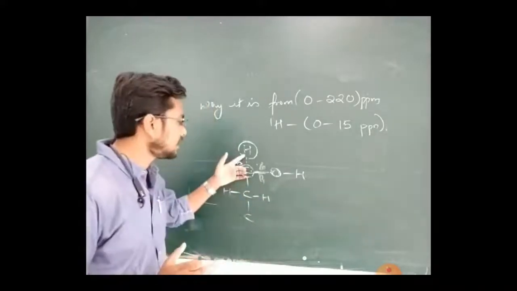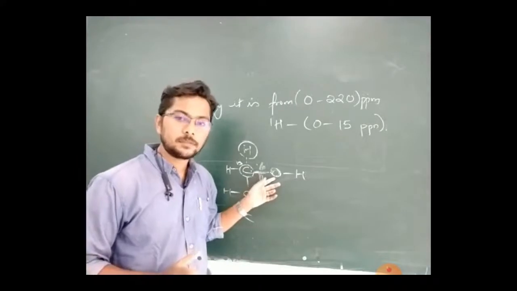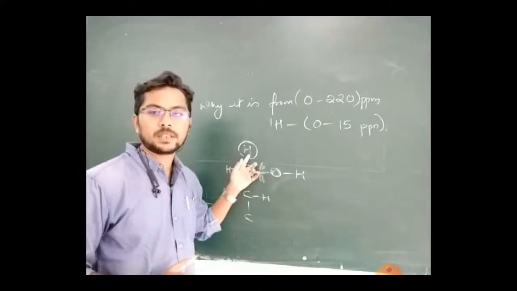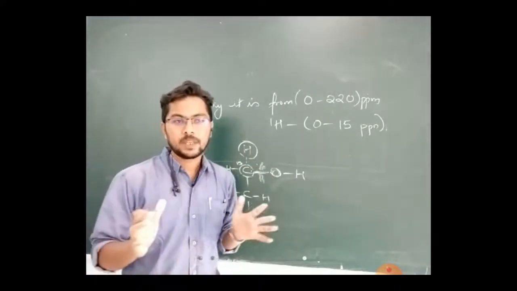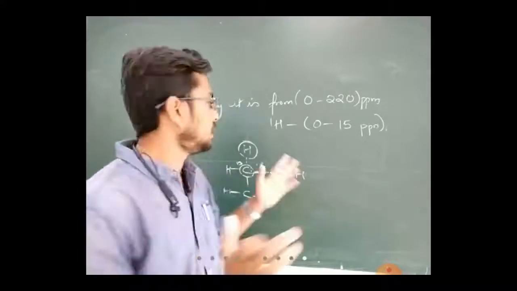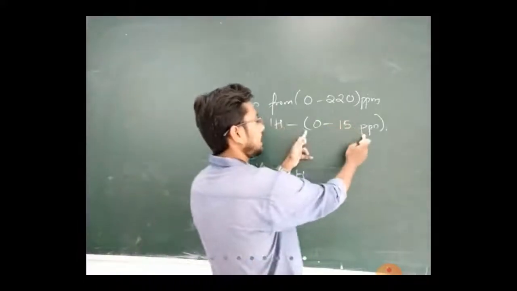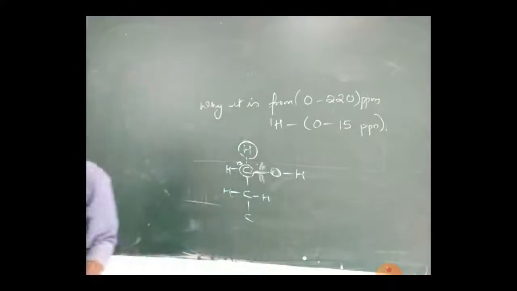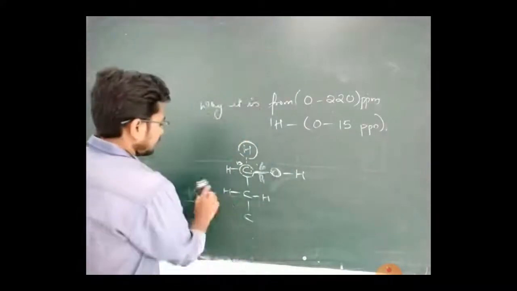In case of hydrogen, the electronegative atom is quite far away, so that's why the shift on the delta scale is only from 0 to 15 ppm.